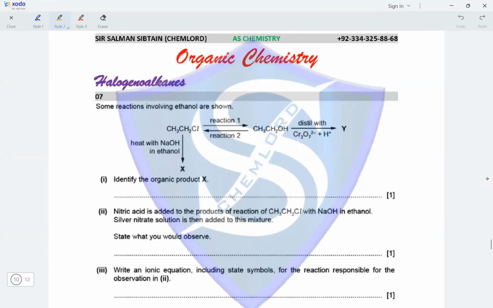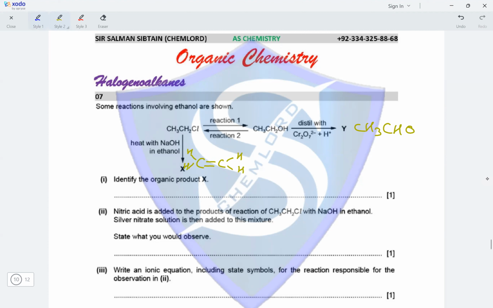So Y should be CH3CHO. And if we heat CH3CH2Cl with NaOH and ethanol, then X should be the alkene ethene. So this would be CH2 double bonded to CH2. So these are the two products X and Y that form in the reaction schemes shown.